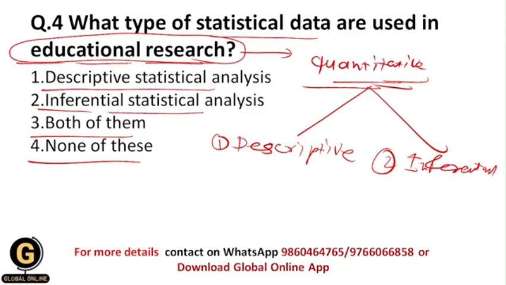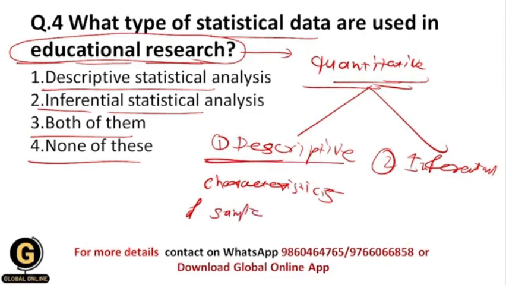Okay, so descriptive statistical analysis is computed to describe characteristics of a sample or population in totality. Basically, here we are going to describe characteristics of a sample through computation.